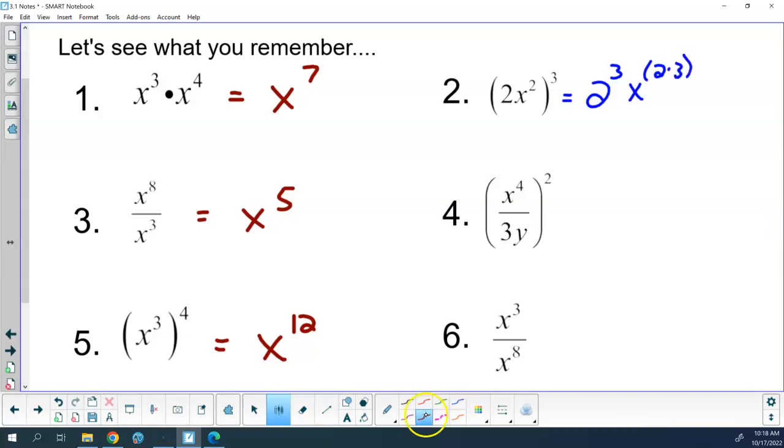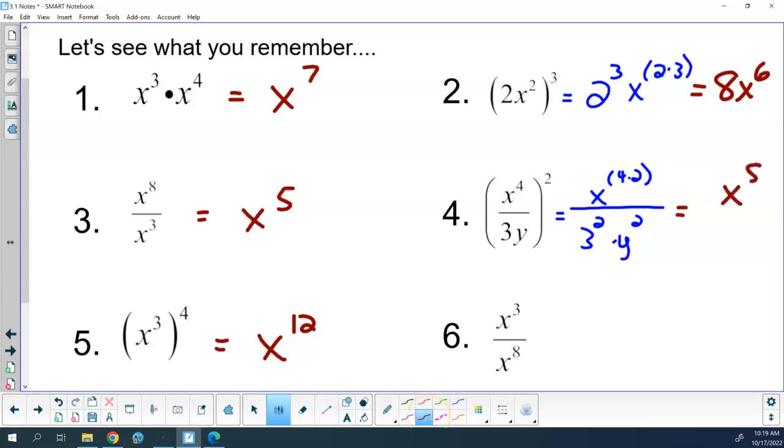So that means that this is going to be 8x to the 6th power. Number 4, this is going to be x to the 4 times 2 power, 3 squared, and then y squared, so this would end up being x to the 8th power all over 9y squared.